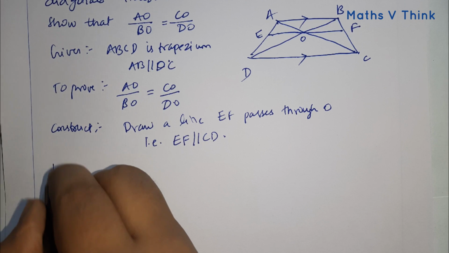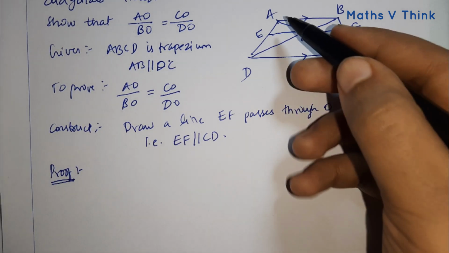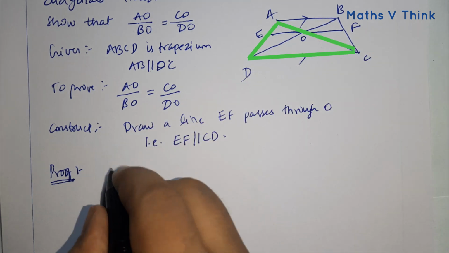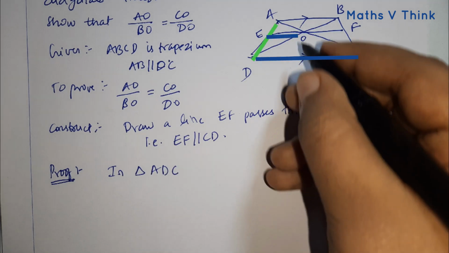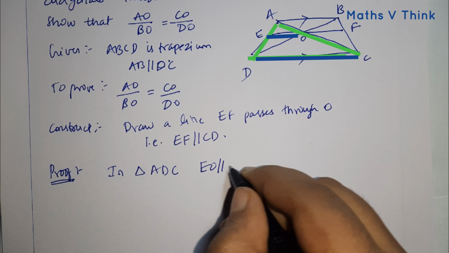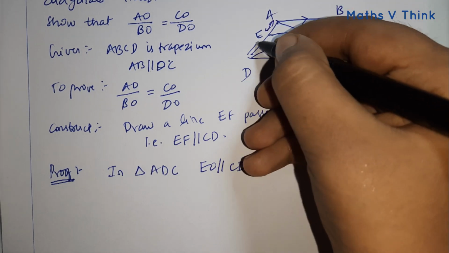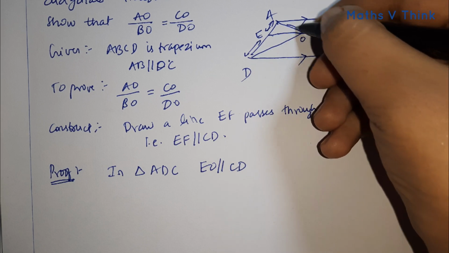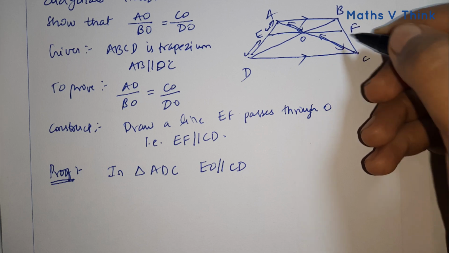Now proof. First take triangle ADC. In triangle ADC, I know EO is parallel to CD. So I can tell AE by ED is equal to AO by OC.